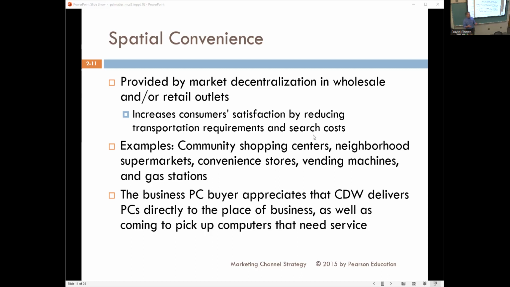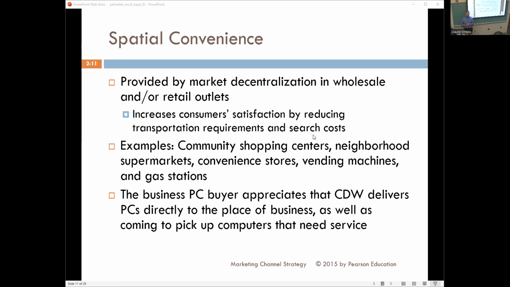Well, we've gone through this demassification, as Toffler talks about in the 80s, where we're starting to become more decentralized again. And you're finding neighborhood supermarkets and convenience stores and even vending machines and gas stations are starting to be more spread out. And so the convenience, the closeness is something that consumers desire more and will pay more for a convenience item than they will in the regular store.